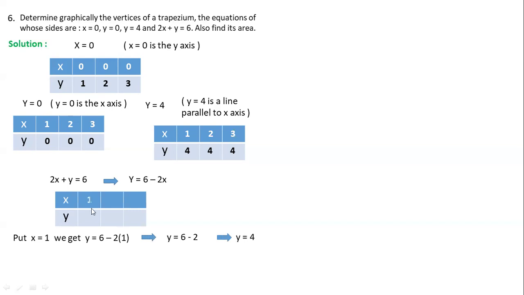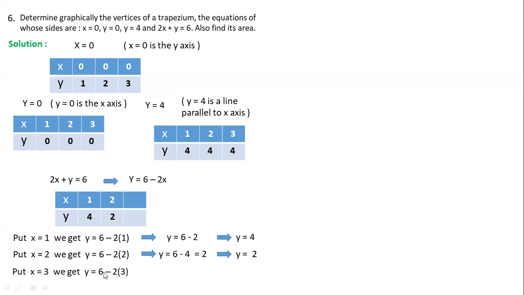So x is 1, y is 4. Put x equal to 2: 6 minus 2 into 2, 6 minus 4 equal to 2. So x is 2, y is 2. Next, x is 3: y is equal to 6 minus 2 into 3, that is 6 minus 6, y is equal to 0.